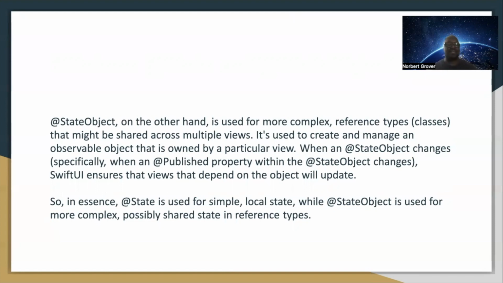So in essence, @State is used for simple local state, while @StateObject is used for more complex, possibly shared state and reference types. Now I'm sure you're asking, what did I just read? So I'm going to explain.